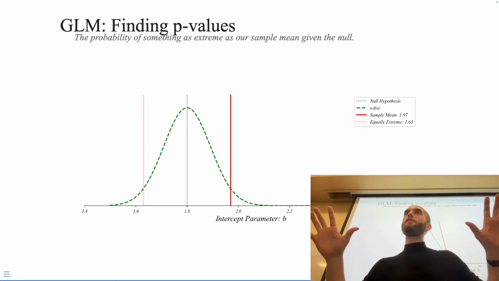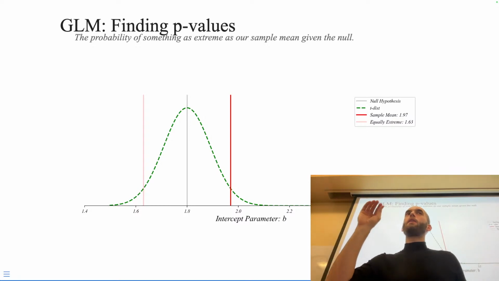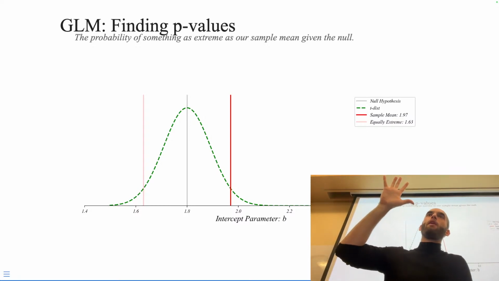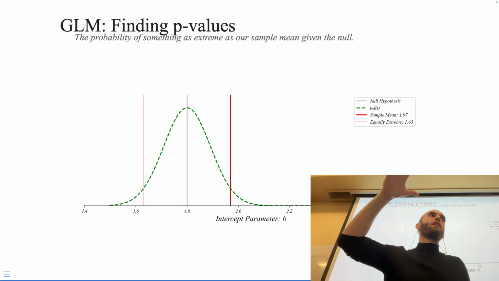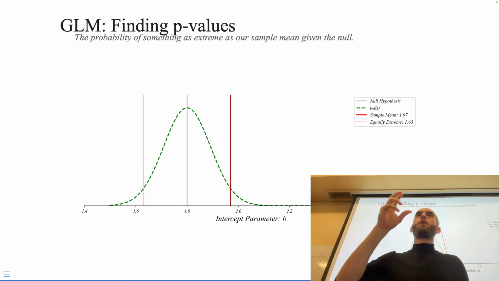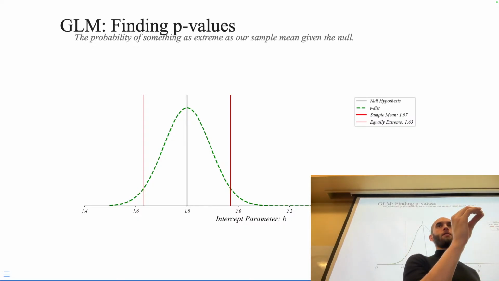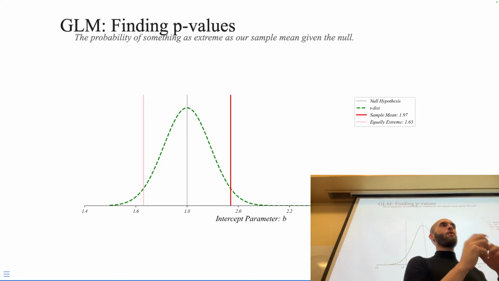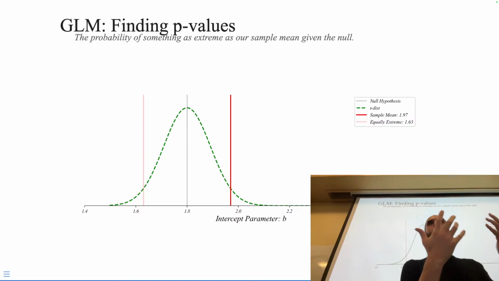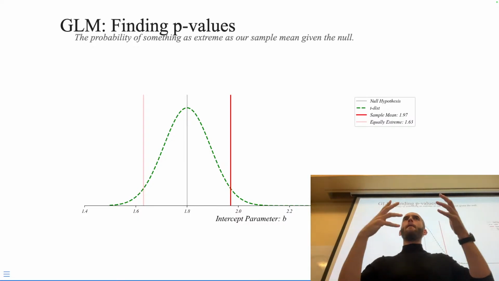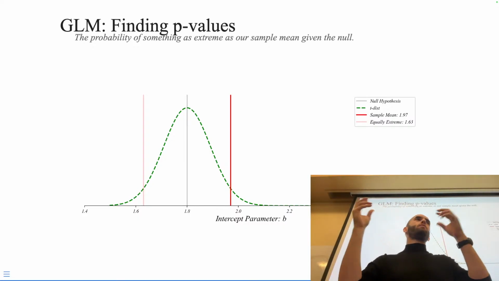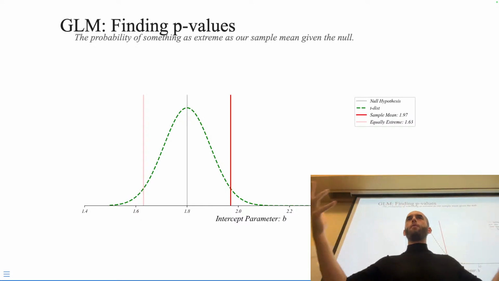And what I want to convey to you is when we move from thinking of hypothesis testing in the univariate environment, we can move directly into testing parameters of our statistical models. This is the same idea that we're going to apply to much more complicated statistical models with slopes.